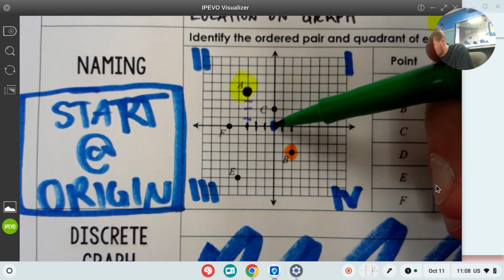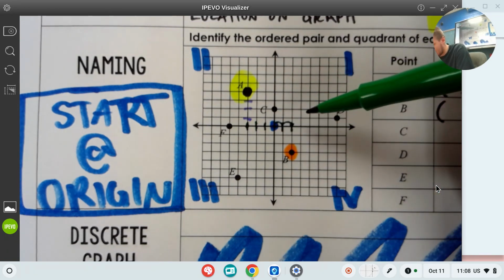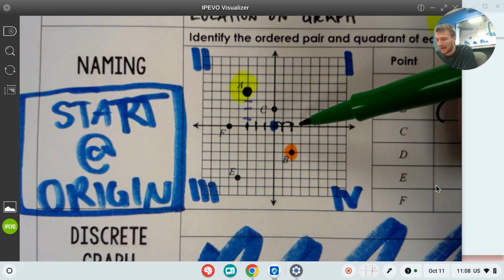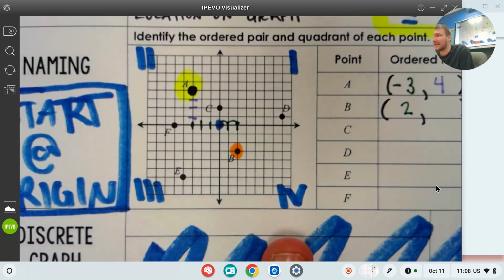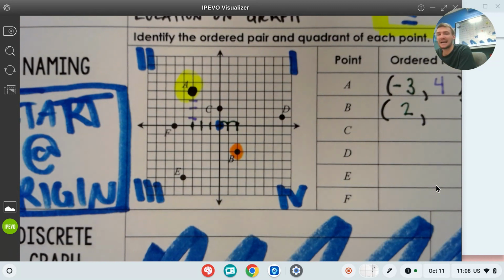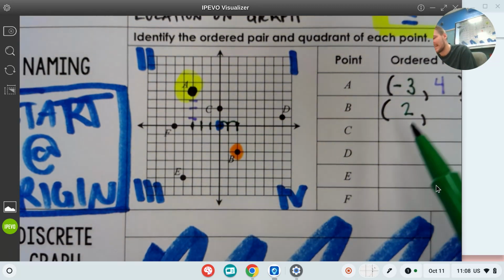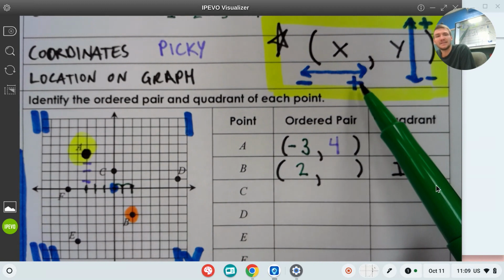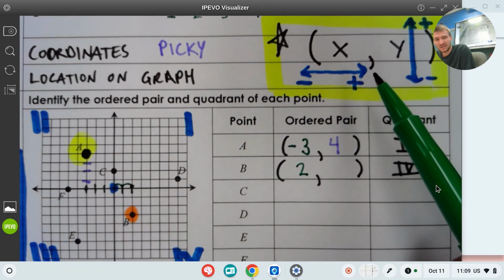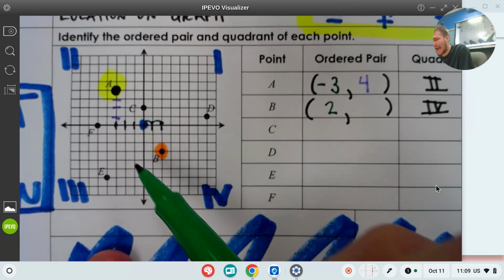I walked 2 steps to the right, and now I am on top of B. I'm going to put a 2 in the first spot, and is that going to be a positive 2 or a negative 2? This is going to be a positive 2, because when you move to the right, you move in the positive direction. Now, I'm at the right place.